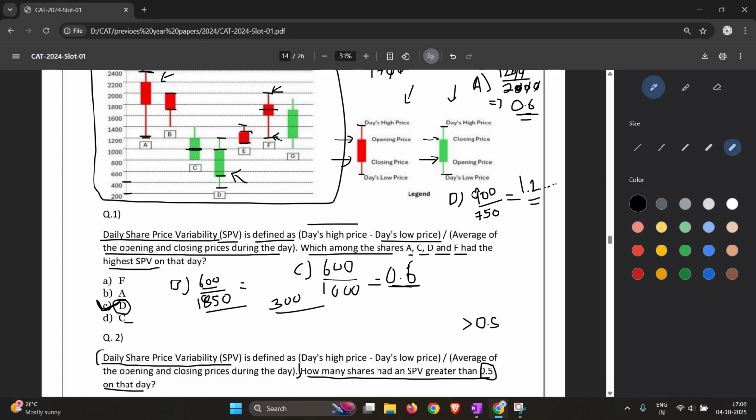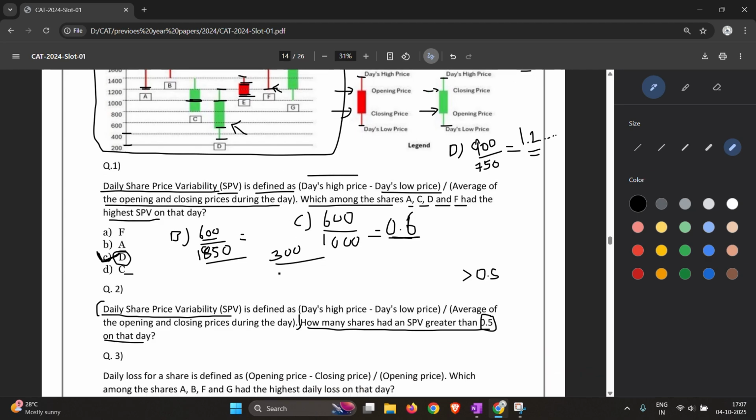And the share price range is 1300 and 1100. So the middle point would be 1200. So even though we can calculate again by the same logic, this is nowhere near half. So we can discard this as well.